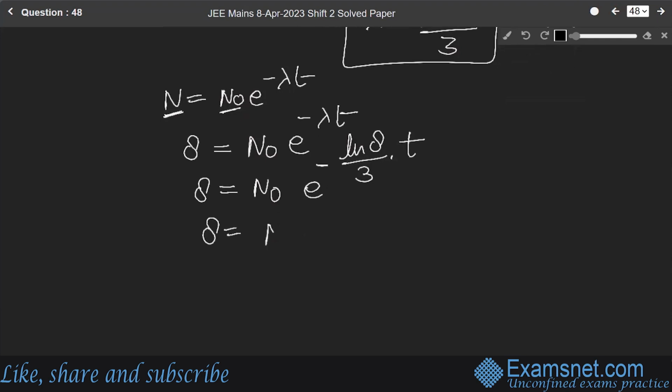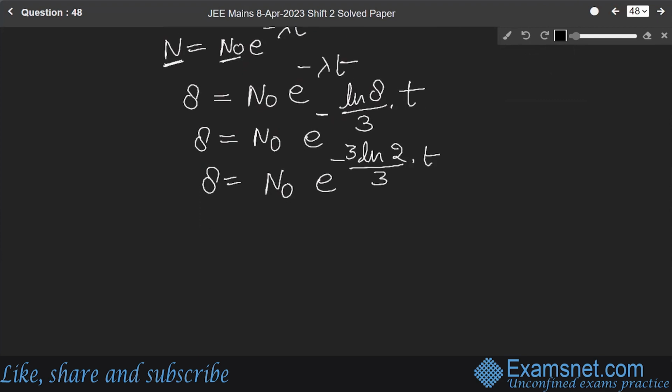So 8 equals n naught e to the power minus lambda. 8 is 2 to the power 3, so we can write it as 3 ln 2 by 3 into t. Got it? So the 3 cancels out. So 8 will be equal to n naught e to the power minus of ln 2 into t.